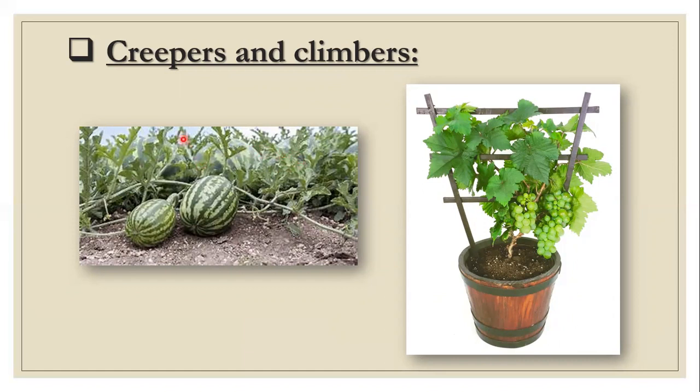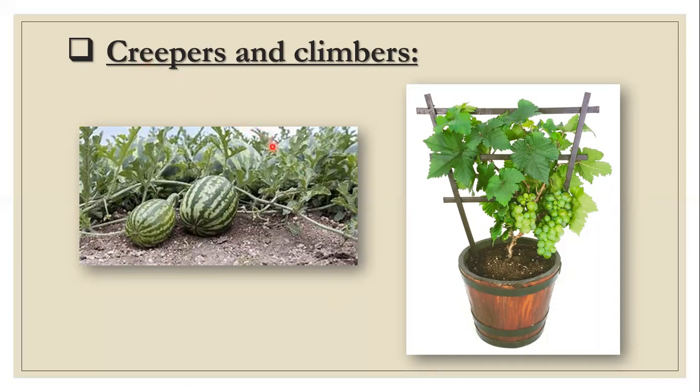Such plants are called creepers. So creepers are weak stemmed plants, and they spread on the ground. For example, watermelon and all types of melon, muskmelon, then pumpkin, cucumber, all these are examples of creepers.